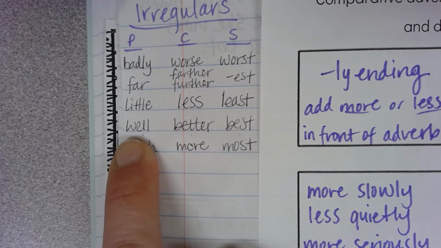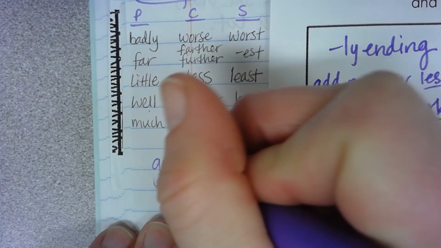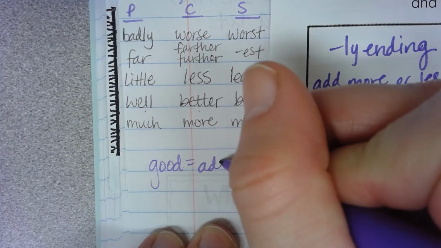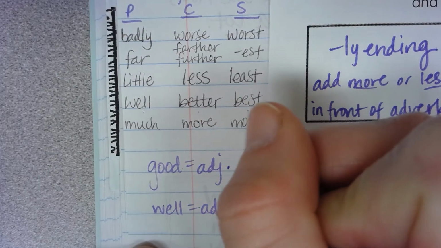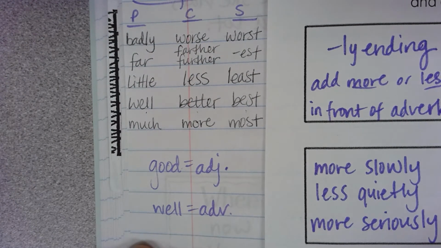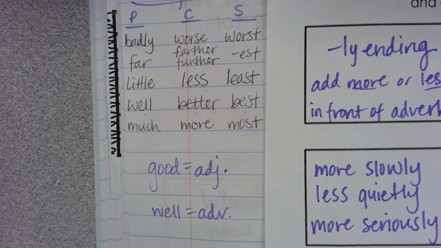Good and well are oftentimes misused with each other and interchanged with each other, even though they shouldn't be. Let's say I have this down below actually. Good equals adjective. Well equals adverb. Okay, so good is always used with a noun. Well is always used to describe a verb.